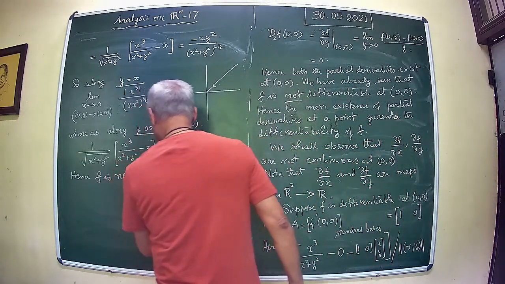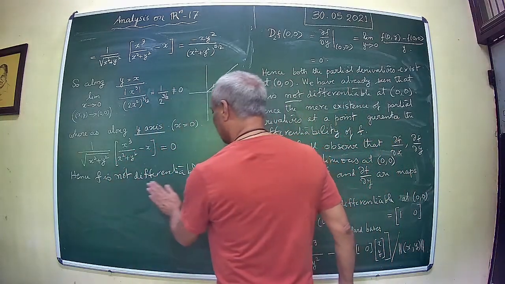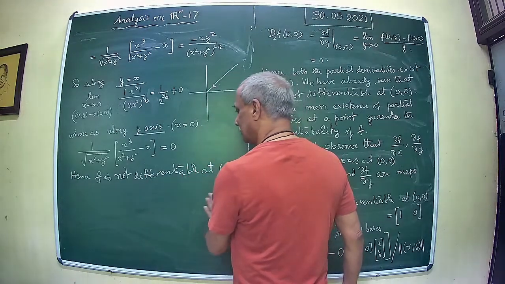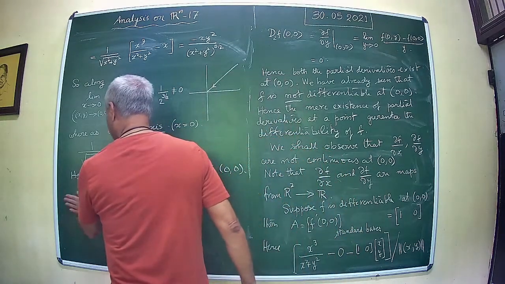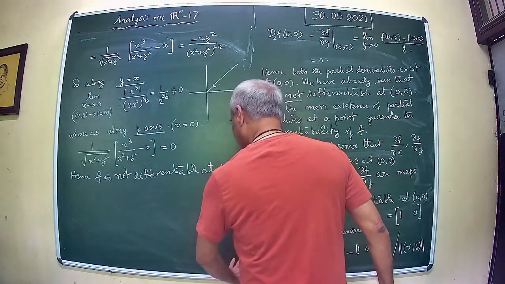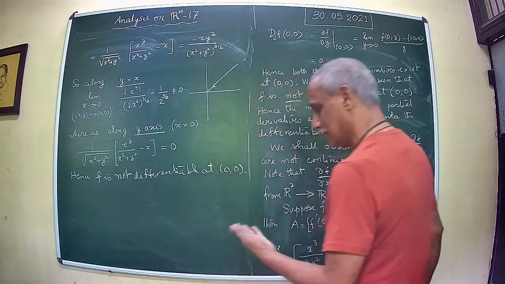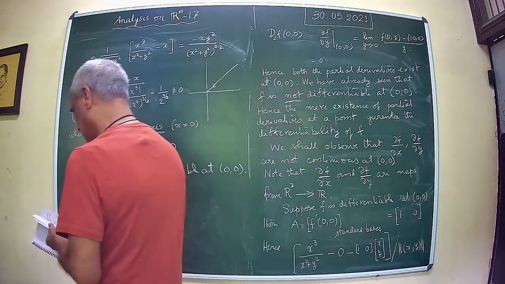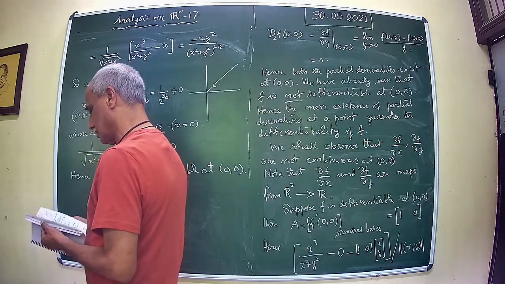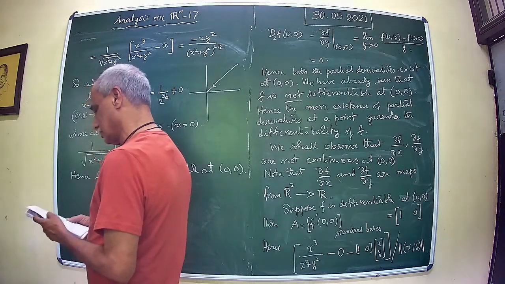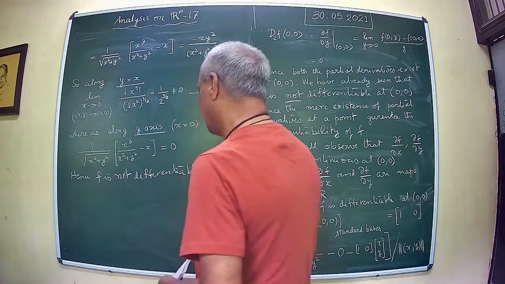Okay, because we have already seen that if the function is differentiable, then the partial derivatives agree. Okay, right? The partial derivatives exist. So let us look at the partial derivative.